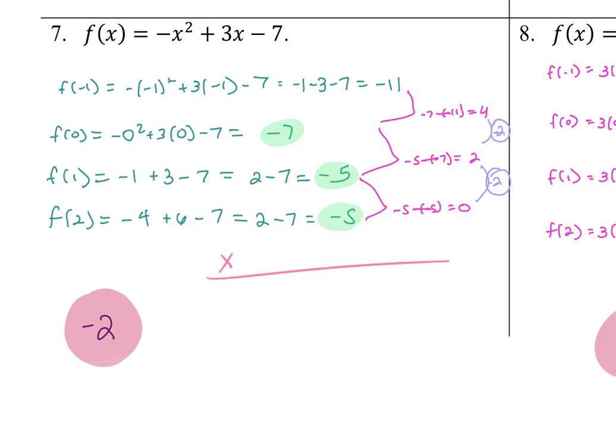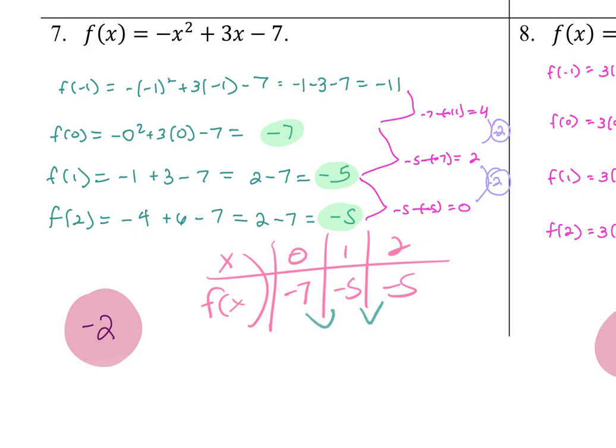So your initial function is what you're plugging in. 0, 1, 2. When you plug it in, 0 gives you -7, 1 gives you -5, 2 gives you -5. That's just your values though. That's not your rate of change. Your rate of change comes from the first difference after that.